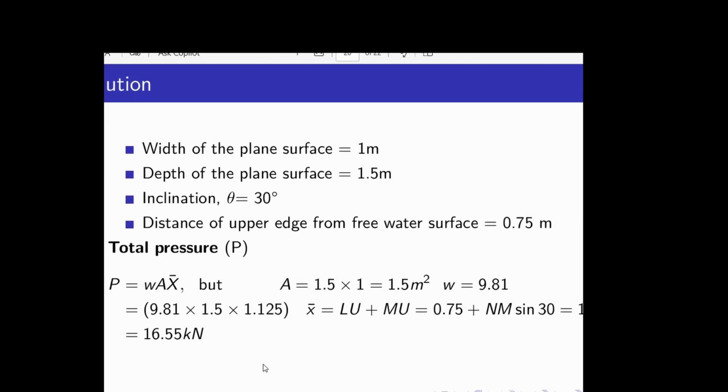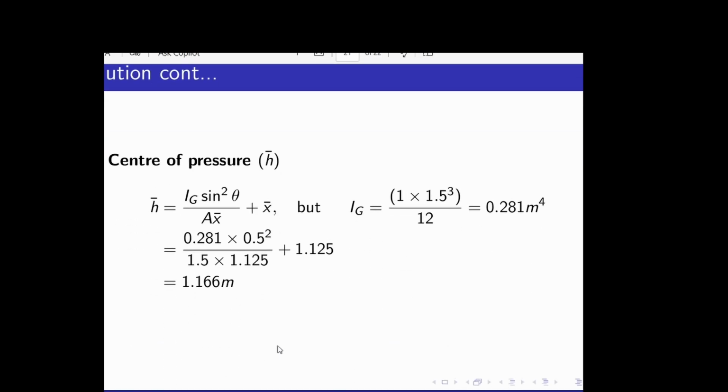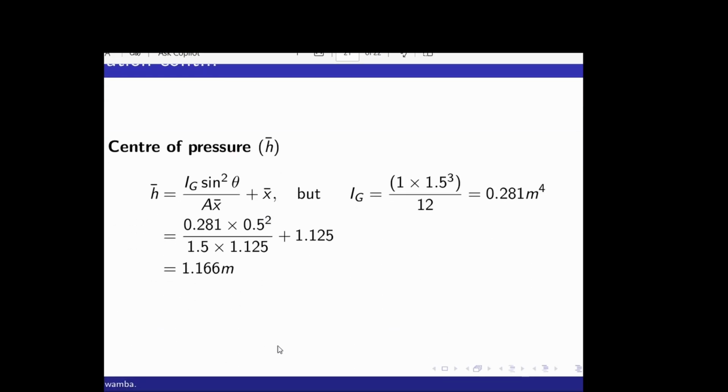So now the next thing is, at what point does this pressure act? At what point? That is the center of pressure. The formula is the moment of inertia times the sine of the angle of inclination squared over everything else here. The angle has been given to be 30 degrees, so sine squared 30 degrees times the moment of inertia.